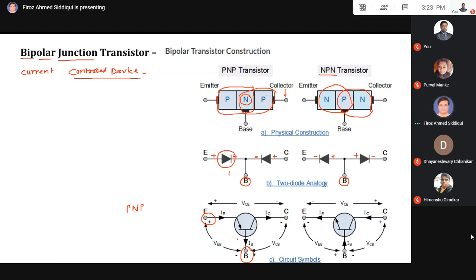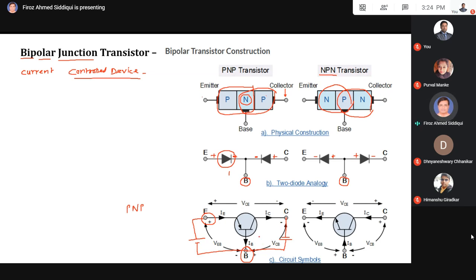Then if we bias this transistor, if we connect the base of the transistor to the negative side of the battery and the emitter to the positive side of the battery, that is, if we connect like this, and if we connect this like this, so this is the collector base junction, this is the emitter base junction.